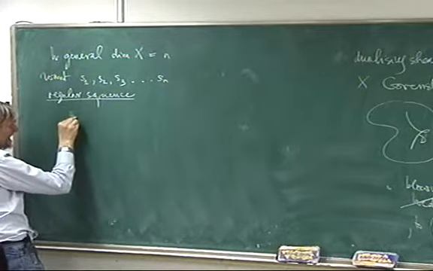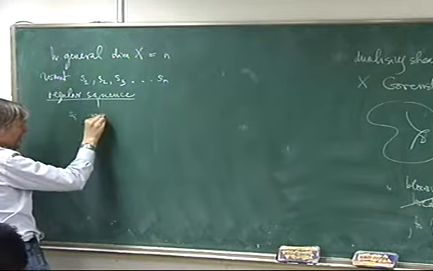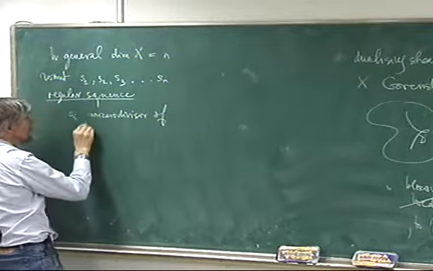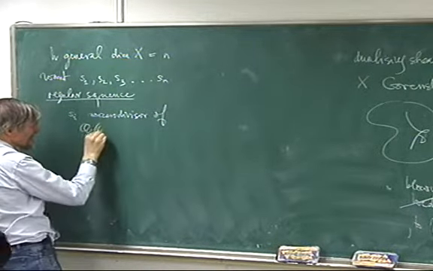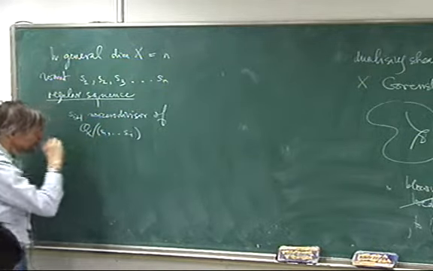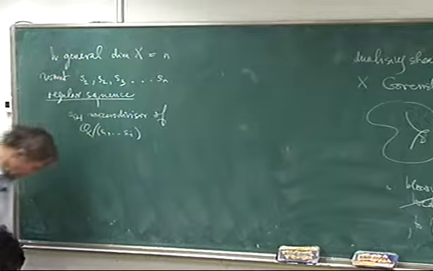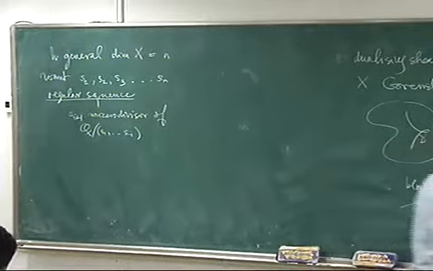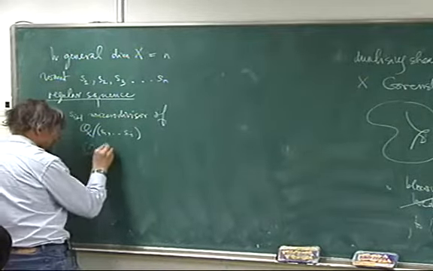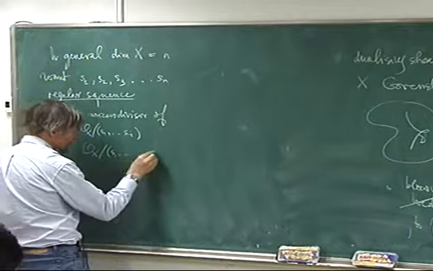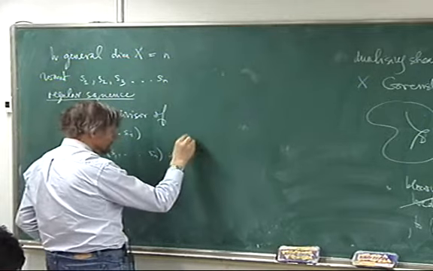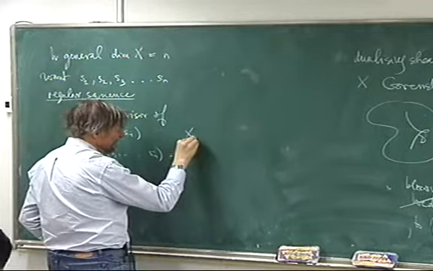It means that S_{i+1} is a non-zero divisor of O_X divided by (S1, up to Si). And eventually when I get down to O_X divided by (S1, up to Sn), this is O of Xn.